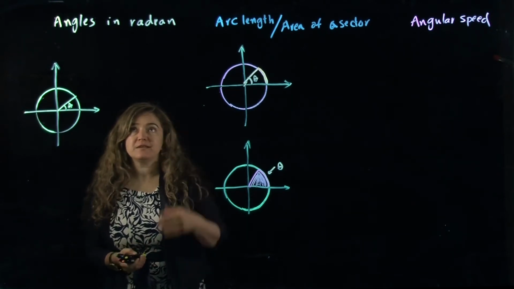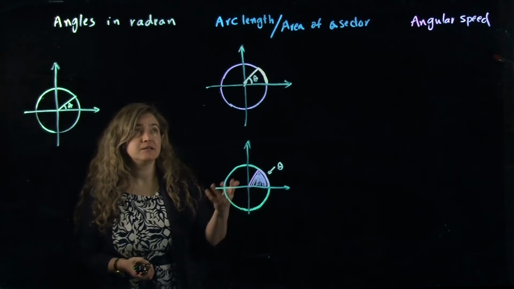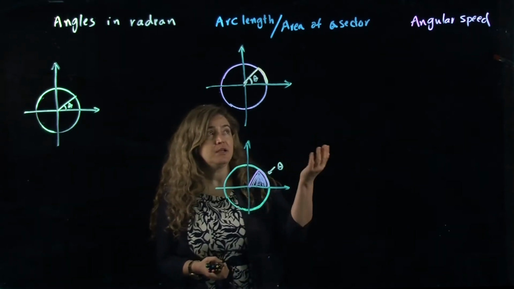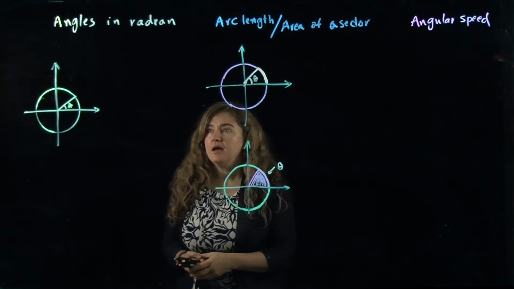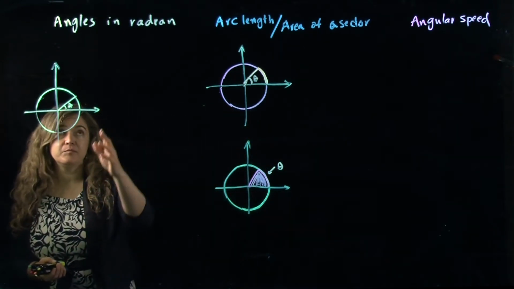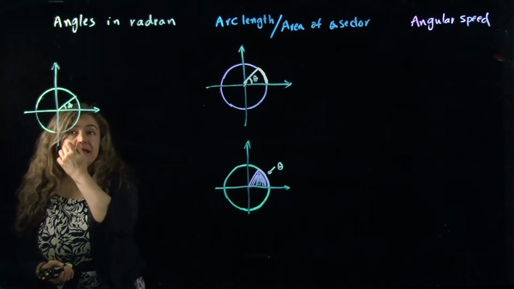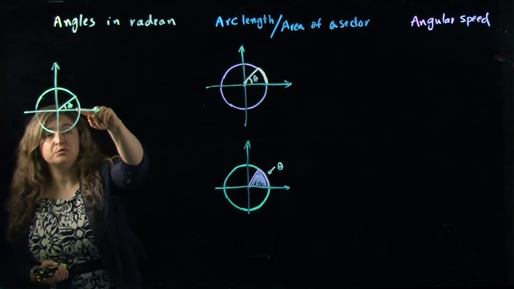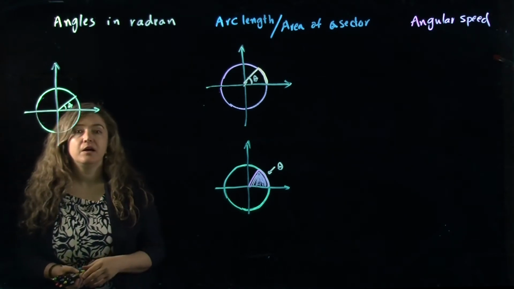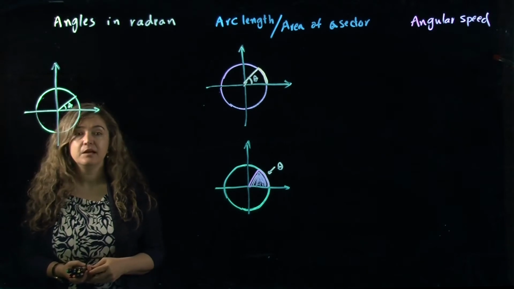So we want to discuss angles in radian, arc length, area of a sector, and angular speed. When we were defining the radian value for an angle, we discussed that it's related to the length of the arc on a unit circle that theta is facing.